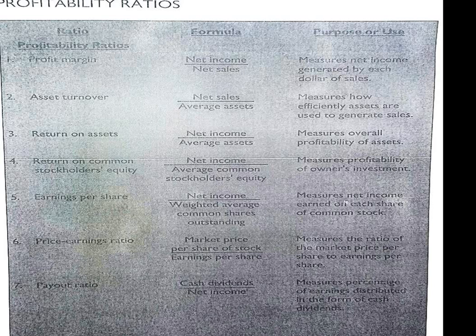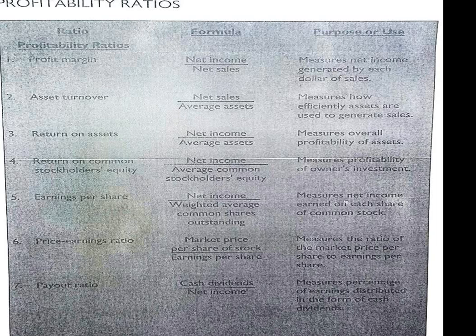This is net income for the common stockholders divided by weighted average common shares outstanding. This measures net income earned on each share of common stock.